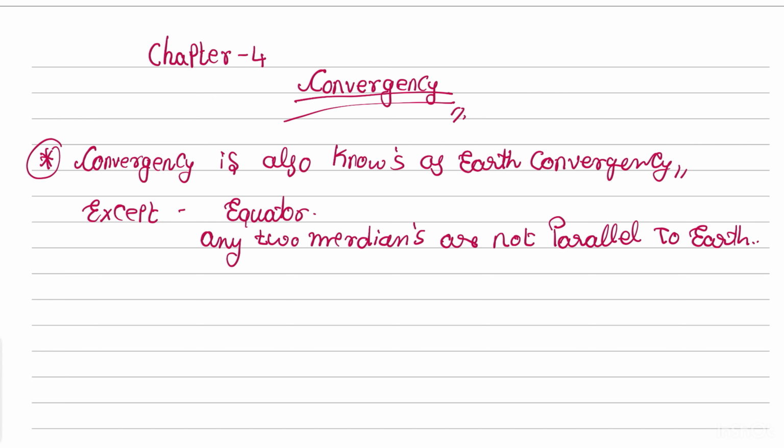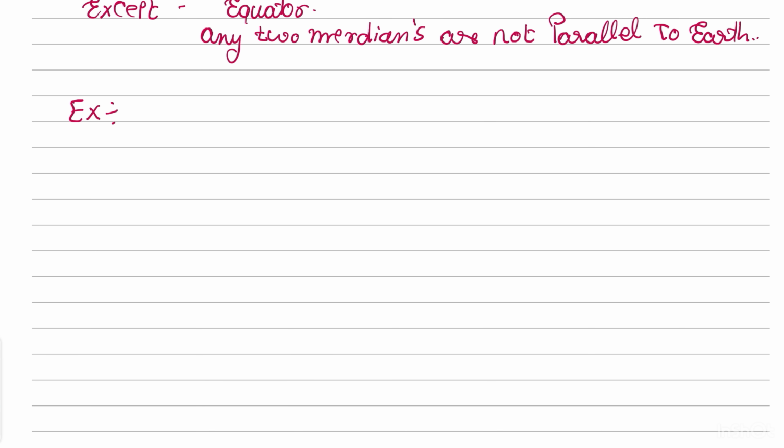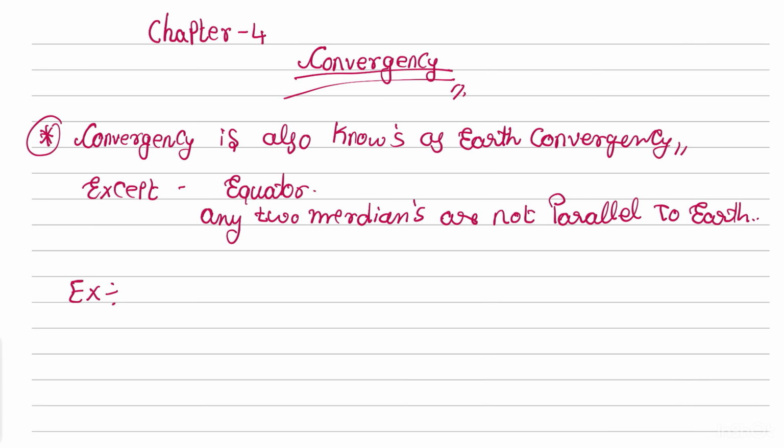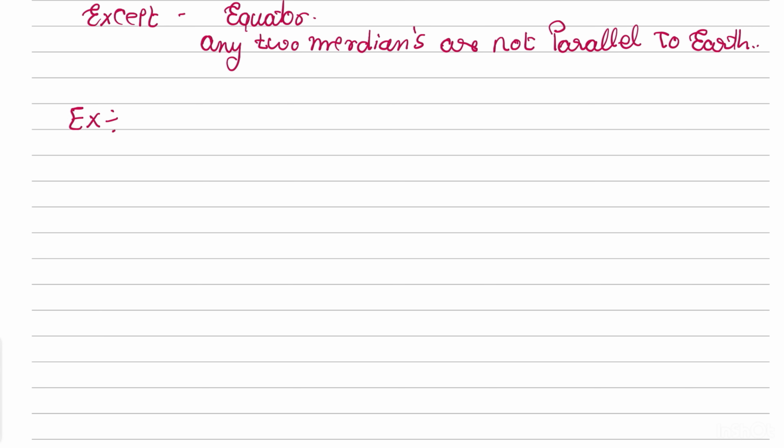Now to explain this, let's draw an example for you. Let's take one Earth. If you have radio projections, we know something on the charts, something on the globe. So first we'll do it on the globe, then we will move it onto the charts.